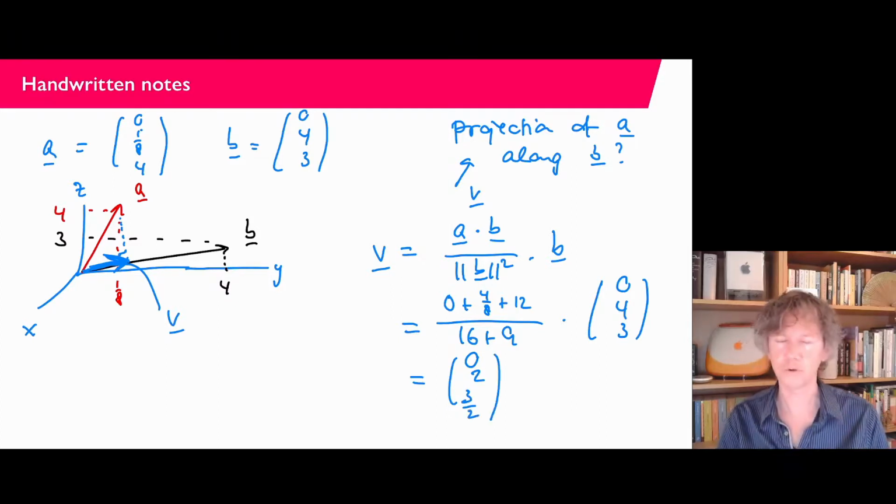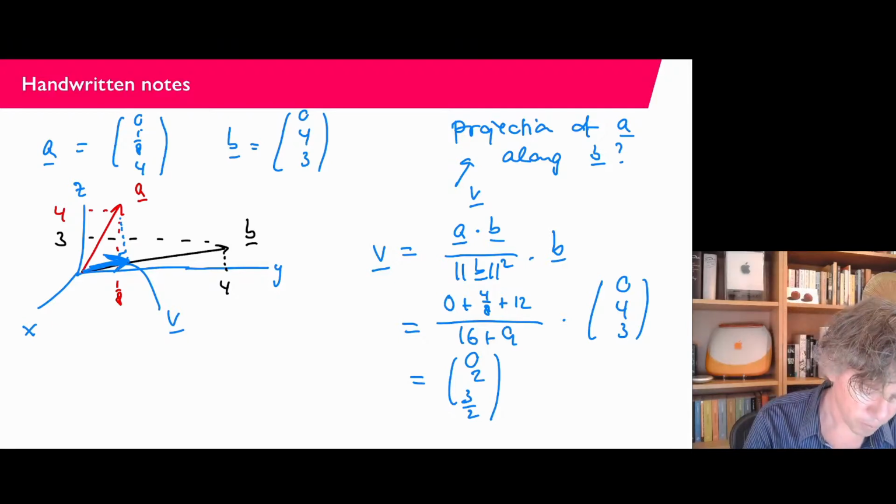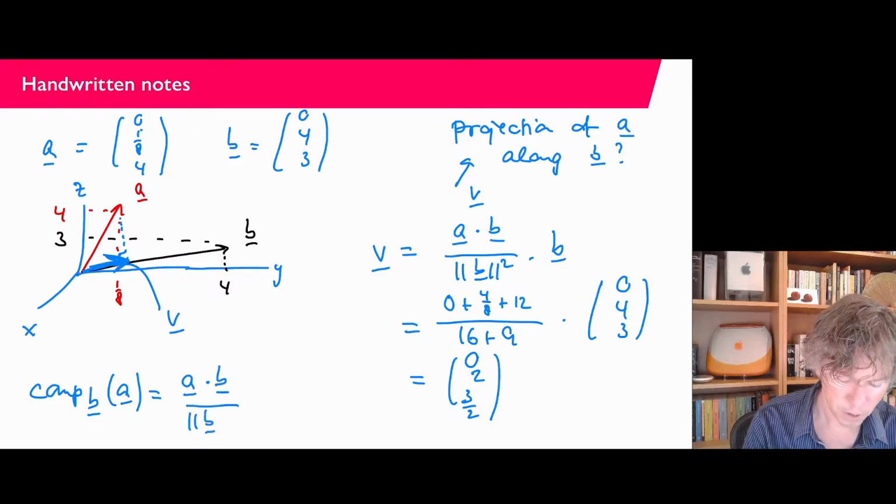So I didn't do all the intermediate steps, but I'm sure you can do that. The component, so the length of v, you can also compute, and that is, the component of a along b equals a dot b over the length of b.